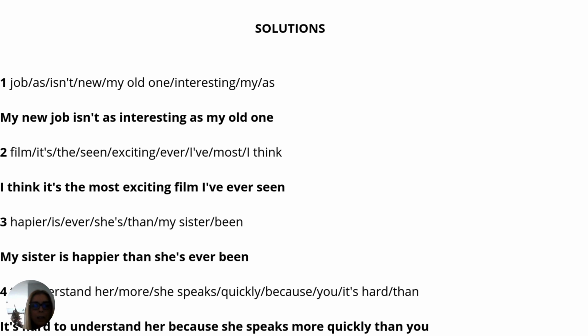As plus adjective plus as indicates equality comparison. But in this case, the sentence is negative and expresses is not equal.